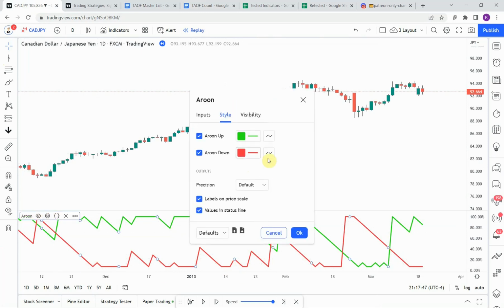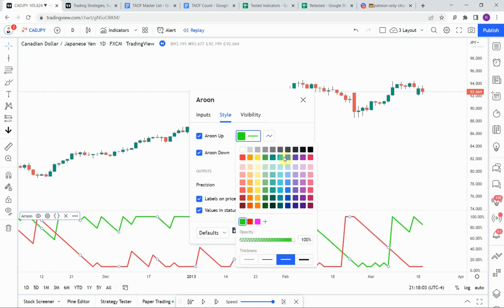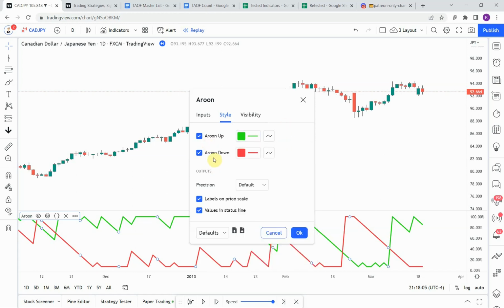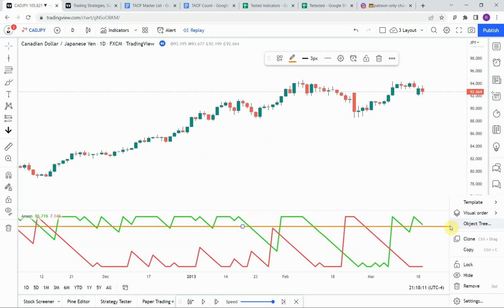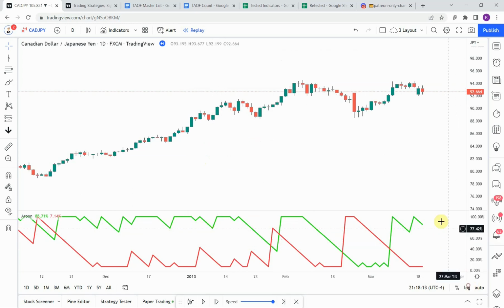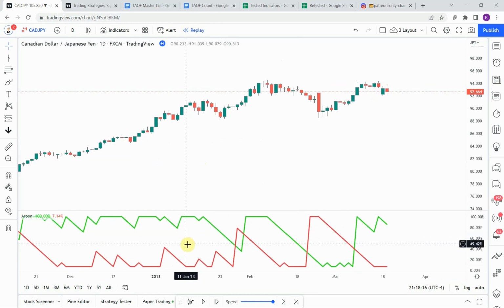I did go in and change the color on these because I think it just works a little bit better visually to have the Aroon up as green and the Aroon down as red. I did also go in and bump up the line weight of the indicators, so again, you can see it just a little bit better on screen here.